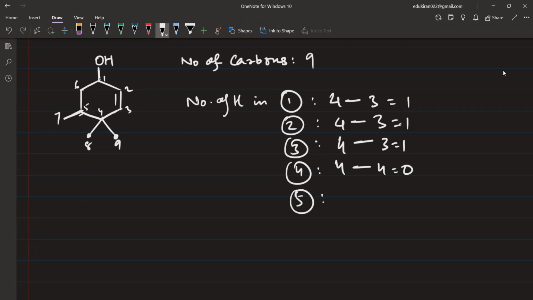How many bonds can you see around the fifth carbon atom? 3. आयशा, समझ में आ रहा है? Yes, sir. Aisha, tell me, sixth carbon atom में how many bonds can you see around the sixth carbon atom? 3.